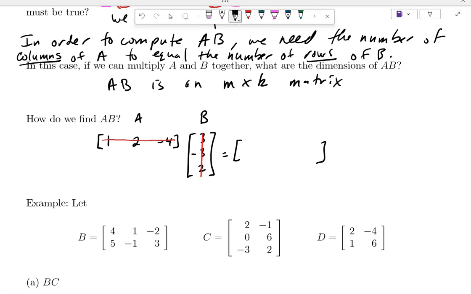So I'll do 1 times 3, 2 times a negative 3, and a negative 4 times a 2. Now I just said it was a 1 by 1, so I have to get a single number when I'm done. Here's what you do with those 3 numbers: you add them together.